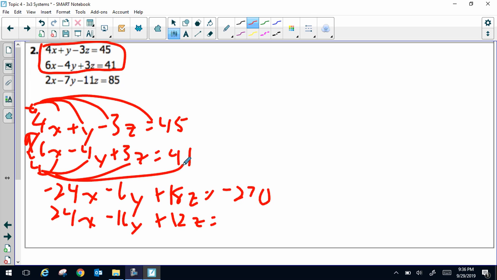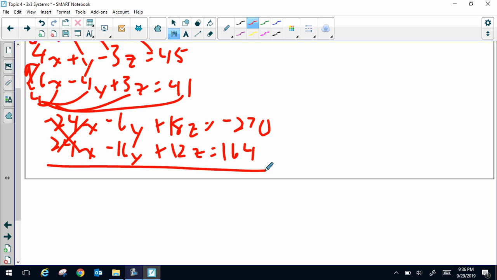equals 164. So those should cancel out there. So you get -22y plus 30z equals -106.